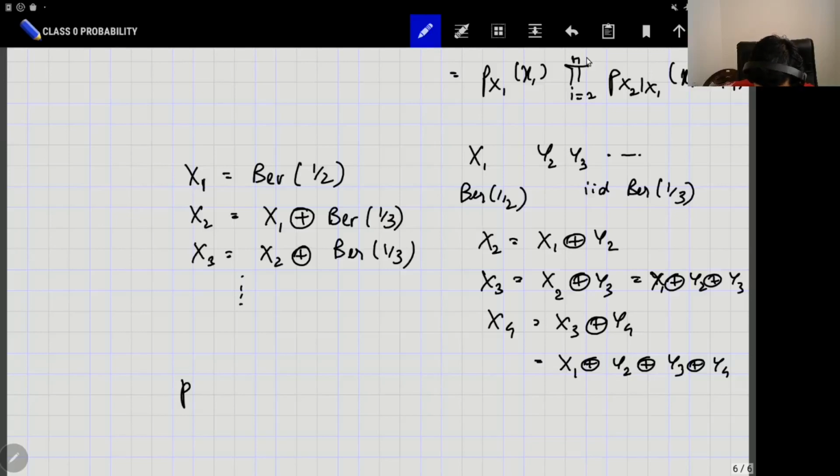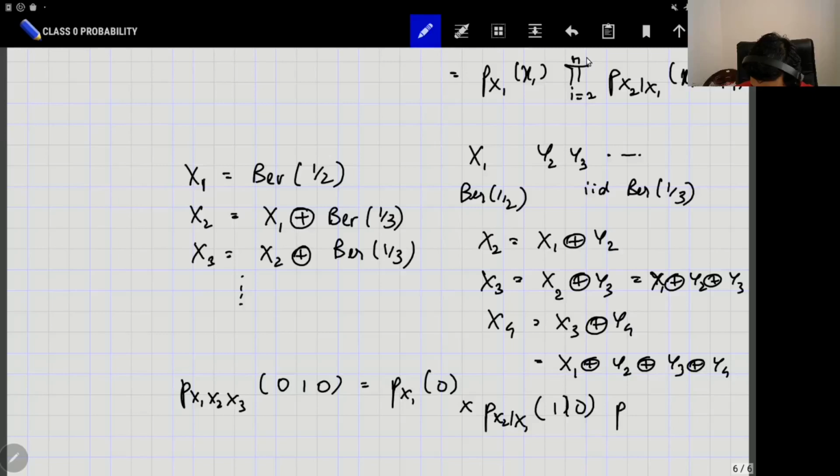So verify that p of x1 x2 x3 at, let's say, 0 1 0 or 0 0 0 or 0 0 1 is the same as p x1 of 0 times p x2 given x1 of 1 given 0 times p x3 given x2 of 0 given 1.